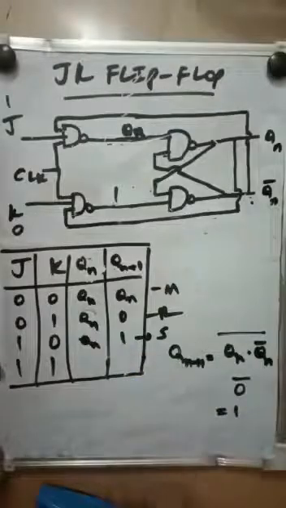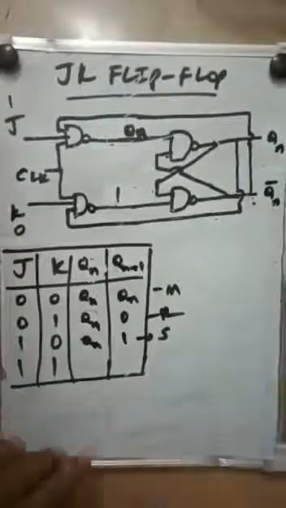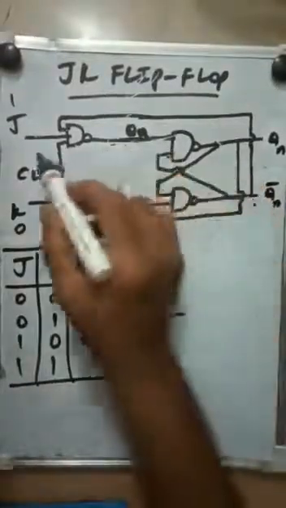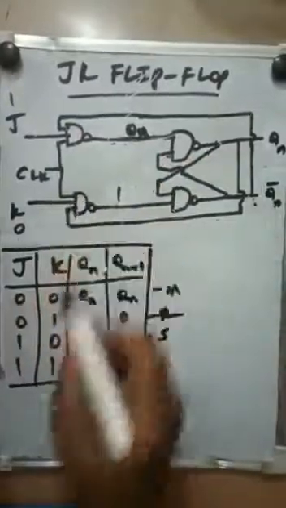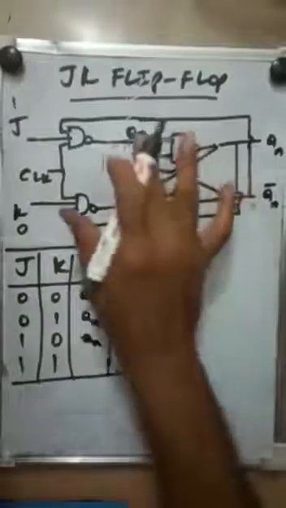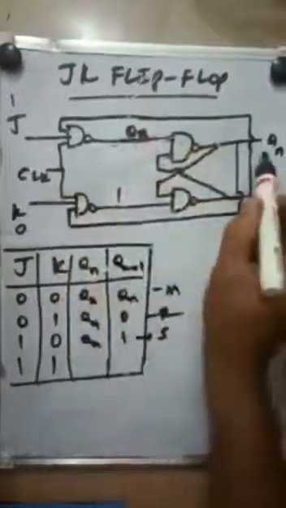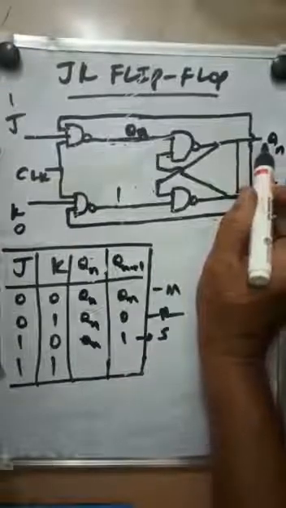Once again I am repeating. So here this is qn because it is 1.1.1 qn. This is 0 means because 1 0 0 means always 1. So coming to this, they are entering into the NAND gate. Then we are supposed to calculate the next state of this output.